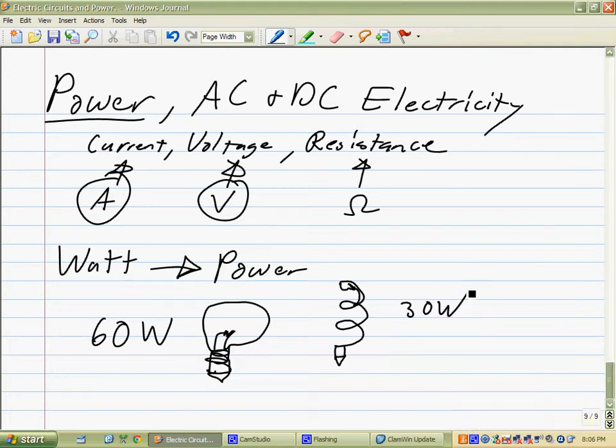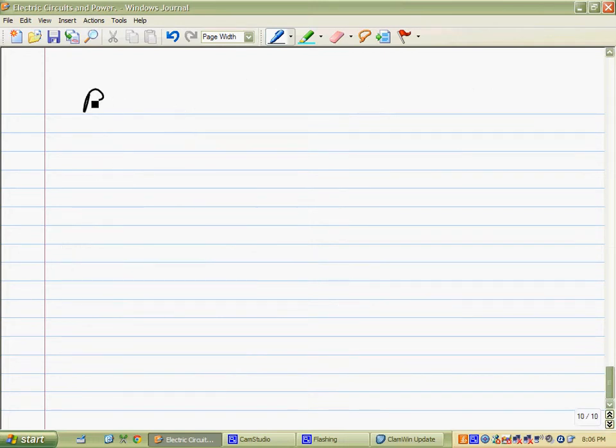So what is a watt? So we said watts, power. And power is equal to energy divided by time. So it's that rate at which you use energy. So it's a rate. Remember, things that are divided by time are rates. How fast are we doing something? So how fast are we burning electricity?